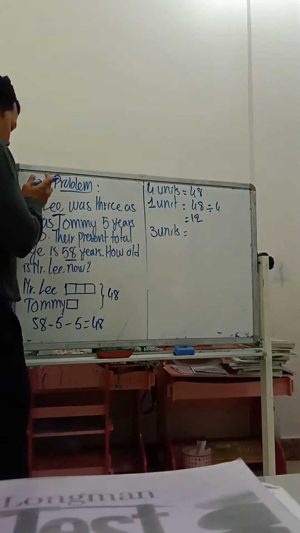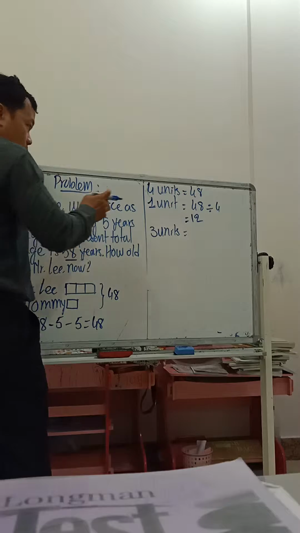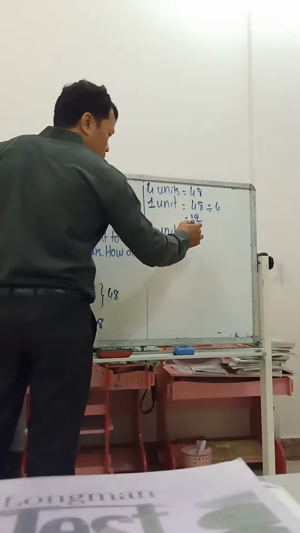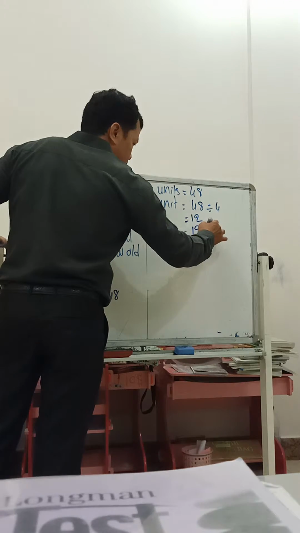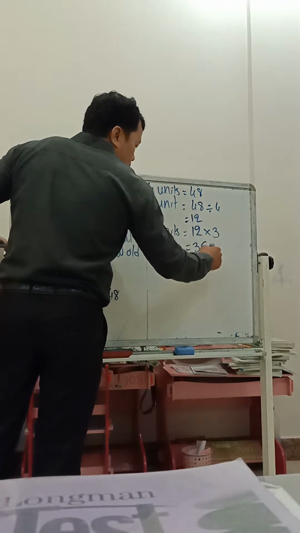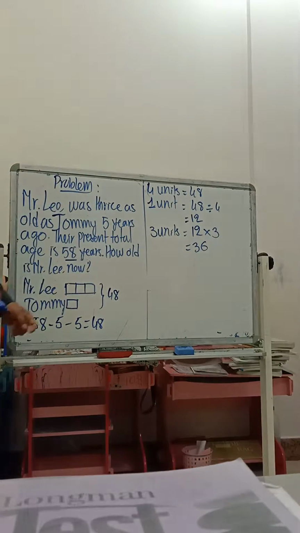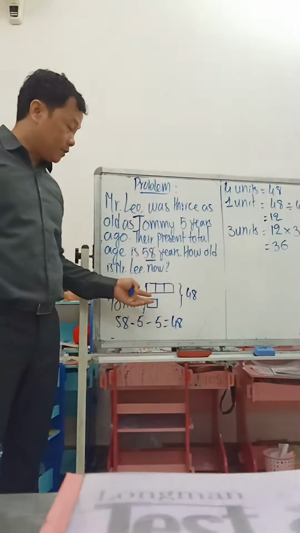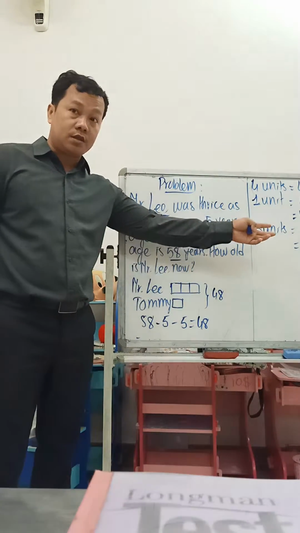To find 3 units, how do you do? 1 unit equals 12. Multiply. 12 multiplied by 3 equals 36. So 5 years before, Mr. Lee was 36 years old.